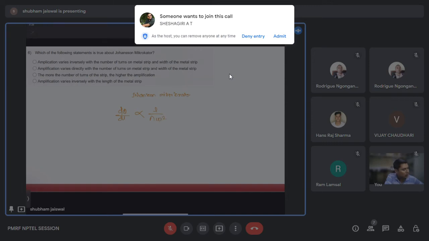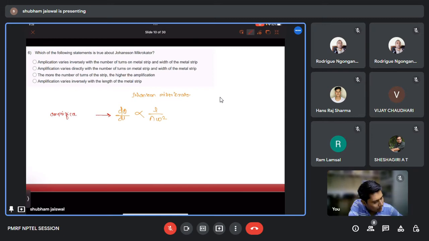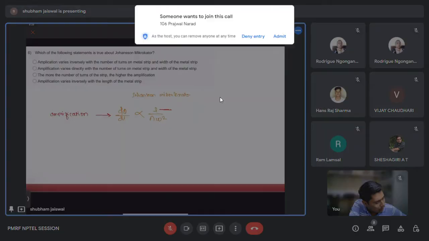Here this is the amplification formula for the Johansson Mikrokator, where dθ/dL is the amplification, L represents the length of the metal strip, W represents the width of the metal strip, and N represents the number of turns.